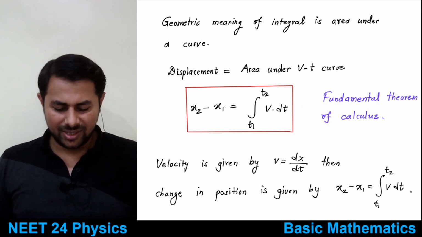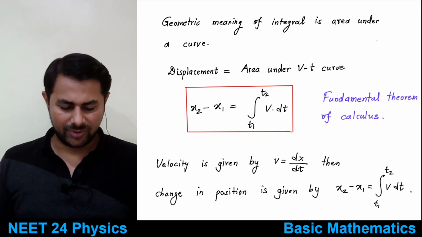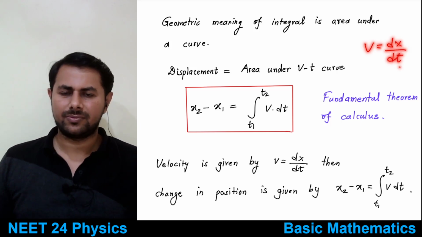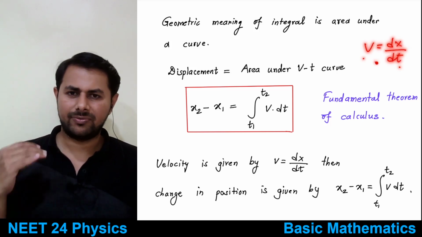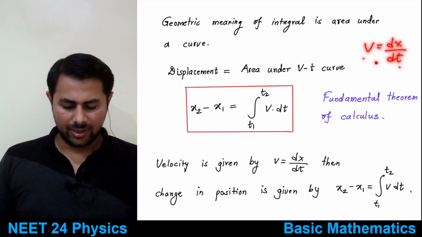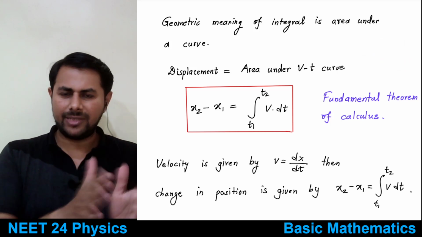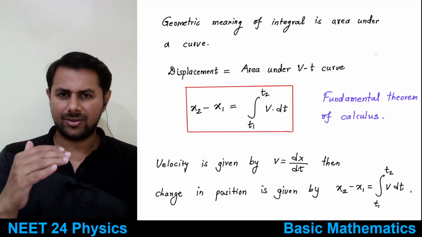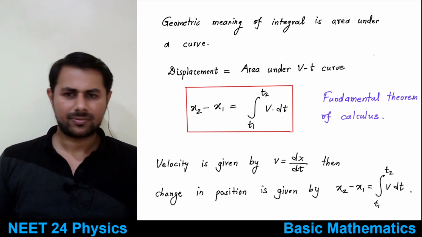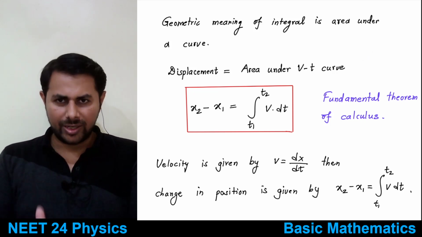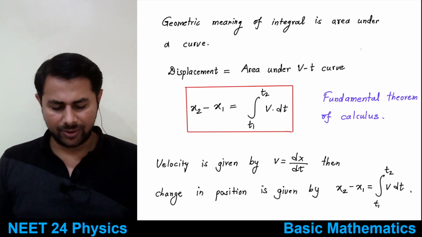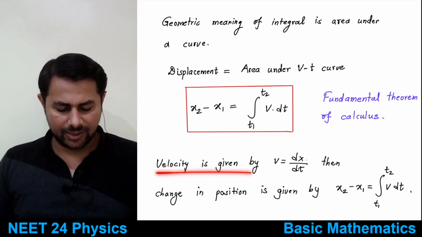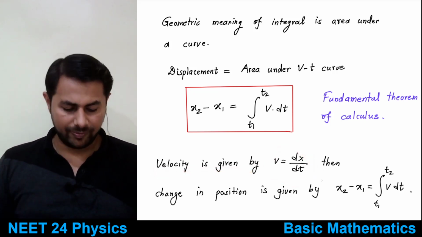This is known as the fundamental theorem of calculus. What is velocity? It is the derivative of x with respect to t. To go from displacement to velocity, you take the derivative of position and you get velocity. Derivative of one gives you another. So instantaneous velocity is given by dx by dt.